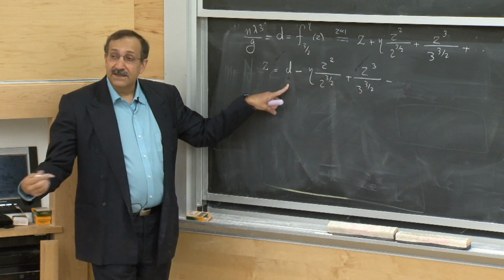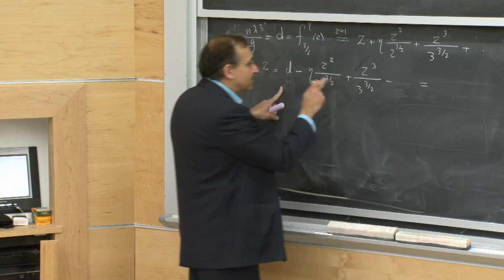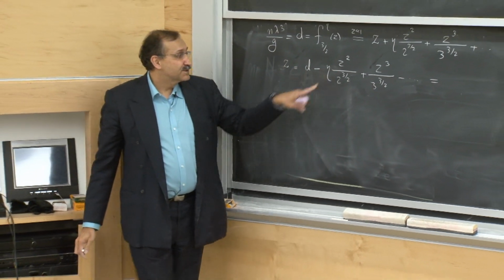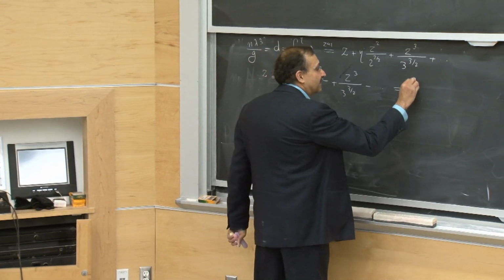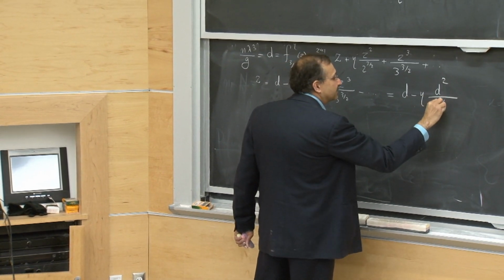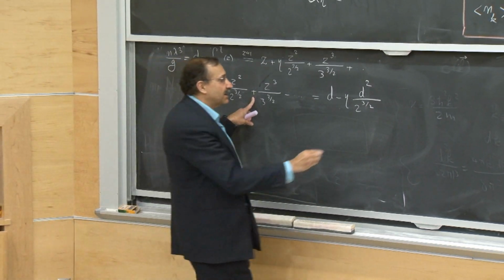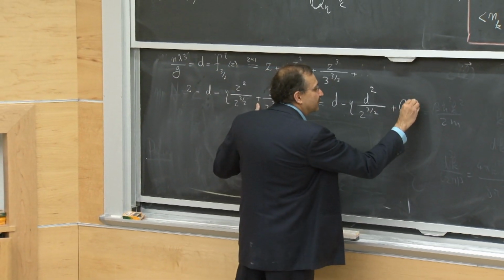If I want to get the next order, I substitute the result of the previous order into this expression. So z I substitute for it d. I will get d minus eta d squared over 2 to the 3 halves as the first contribution, and then something that is order of d cubed.